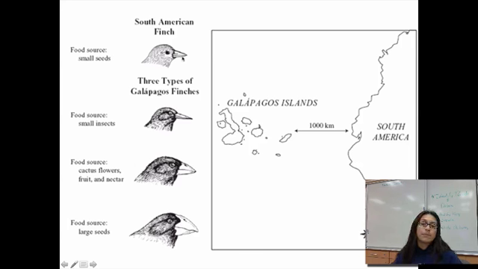So if you can imagine this as the ancestor, if the birds originally look like this, they came to the island, and any birds that had slender, skinnier beaks were more likely to survive. So it didn't instantly go, okay, slender beaks all survive, everybody else dies off. But over time, generation after generation, any birds with slightly skinnier, longer beaks were more likely to survive, until you get to a point where you have birds that look like this.